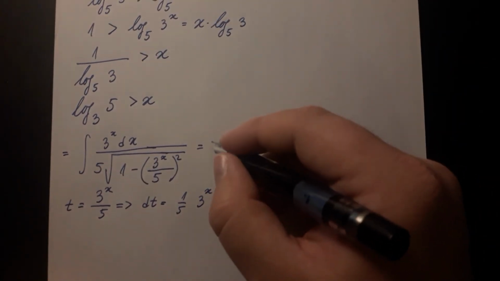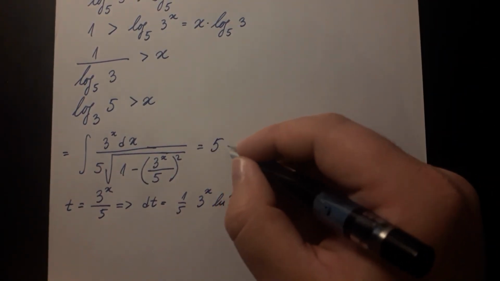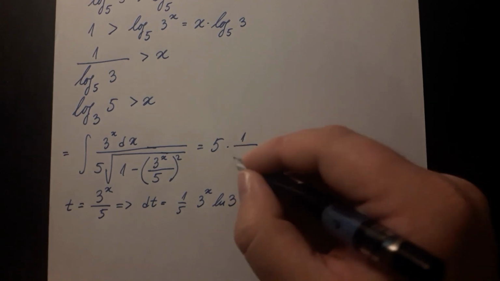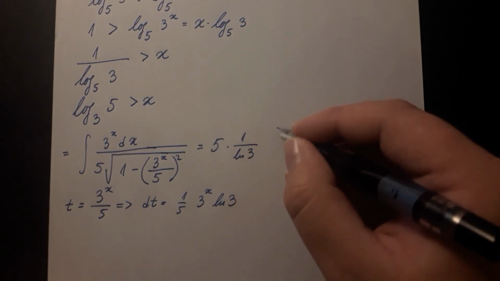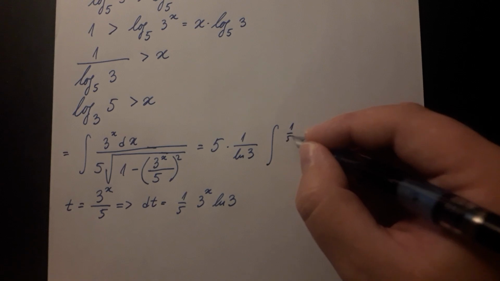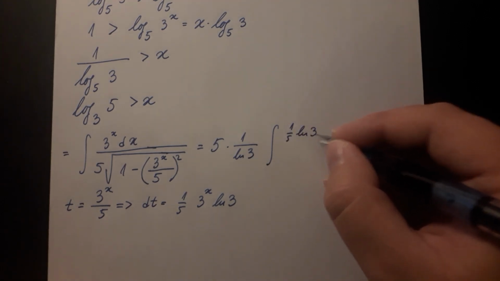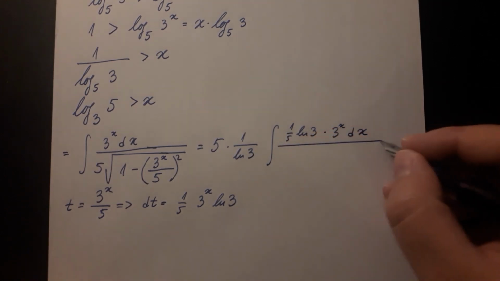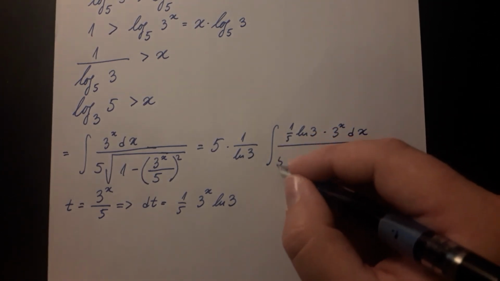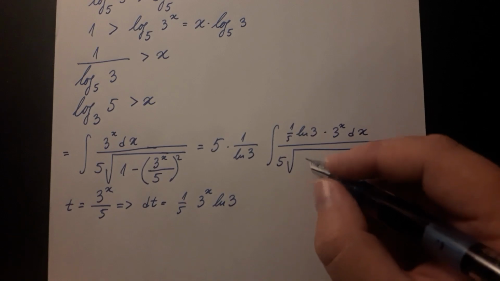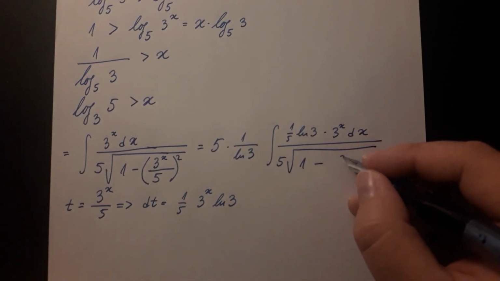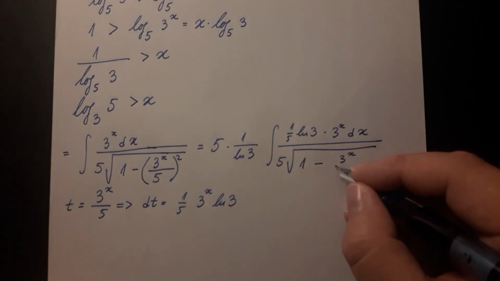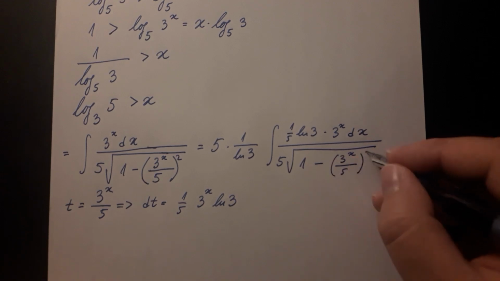Now this is equal to 5 times 1 divided by ln 3 integral of 1 over 5 ln of 3 times 3 to the power x dx divided by 5 under the square root we have 1 minus 3 to the power x divided by 5 squared.